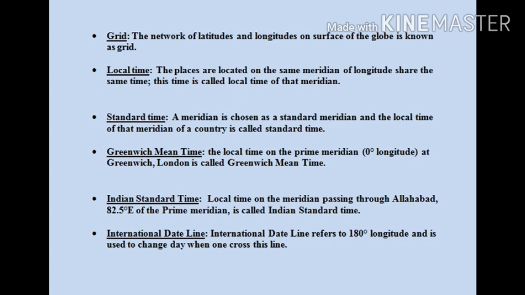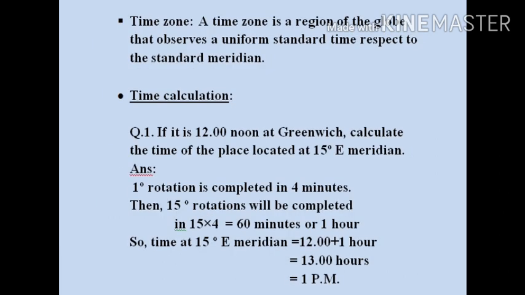Then we learn about international dateline. So 180 degree longitude is called international dateline, and when someone crosses this line, date and time changes. Next we learn about time zone.